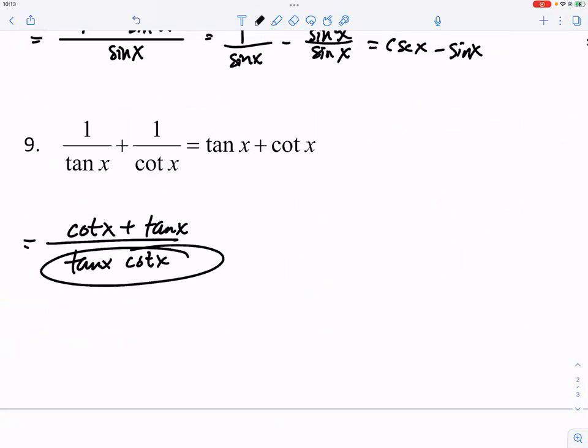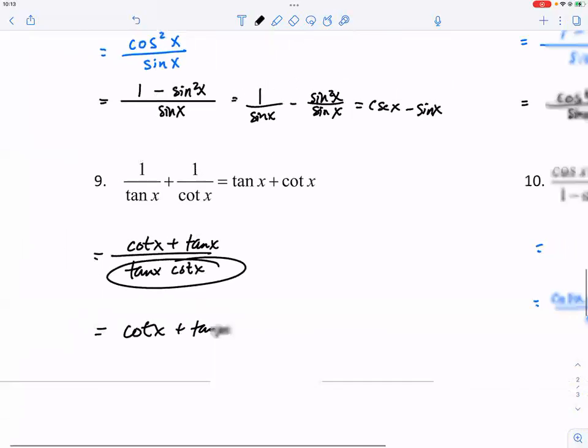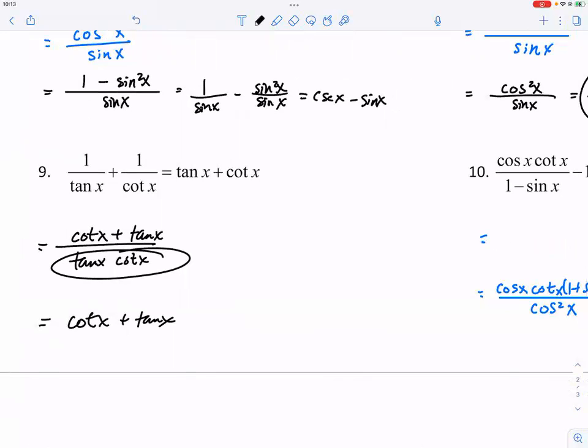That's just equal to 1. They cancel each other out. So cotangent x plus tangent x is your final answer, which is equal to the right side. Okay. So that's why I gave you the tip: if you see 2 fractions, explore the possibility of having a common denominator.